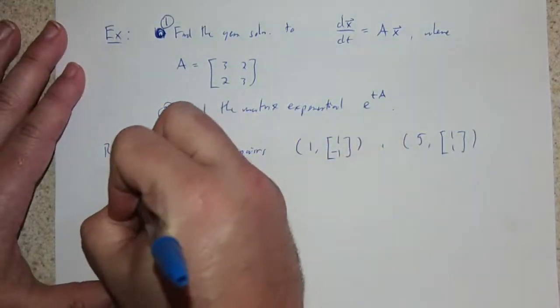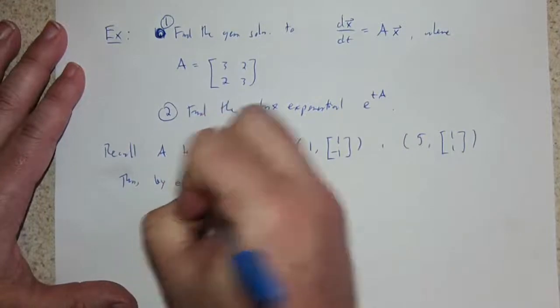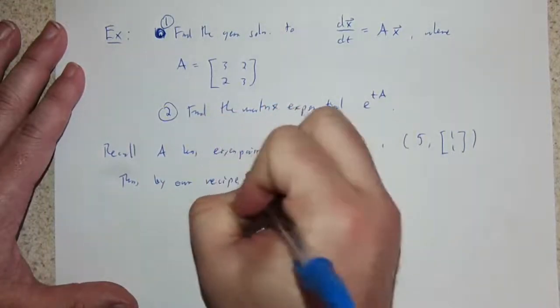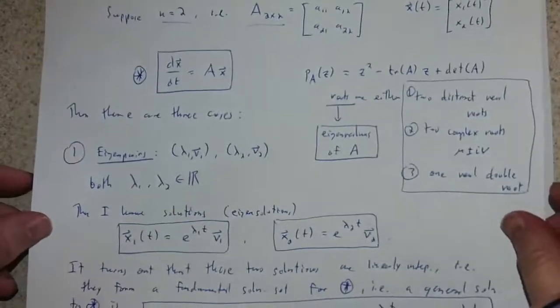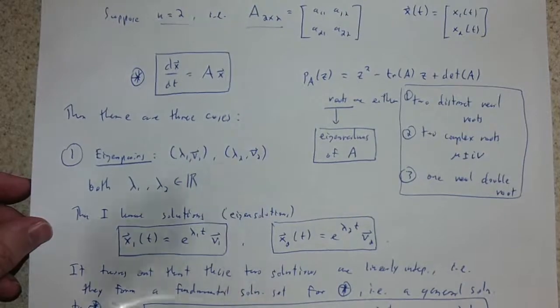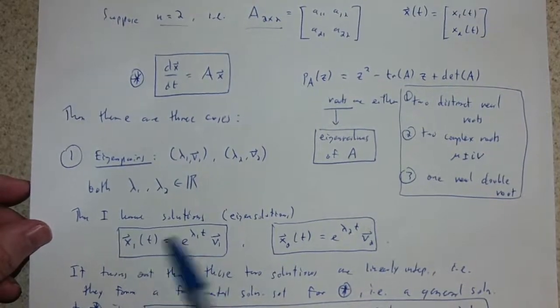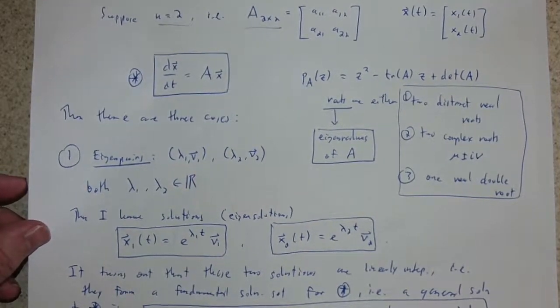Thus, by our recipe, let's remember: if we have two real eigenpairs, then we get two solutions that form a fundamental solution set.